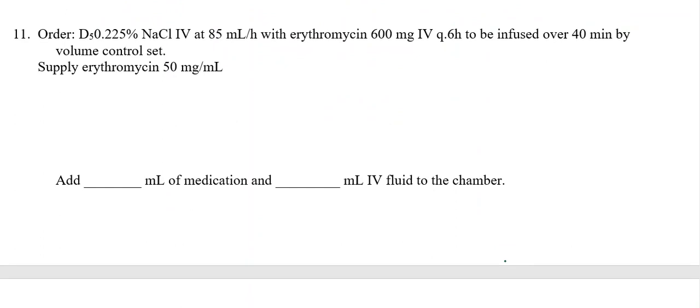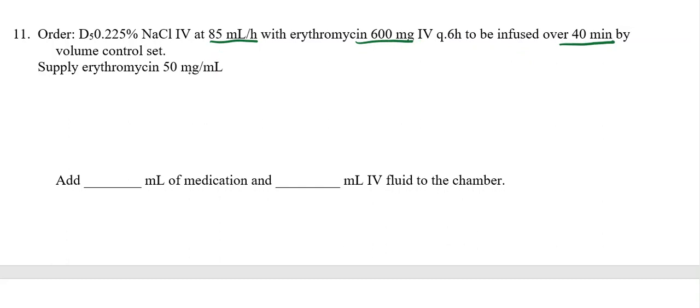All right, same type of problem. We have an order for dextrose and sodium chloride IV at 85 milliliters per hour with erythromycin 600 milligrams IV to be infused over 40 minutes by volume control set.